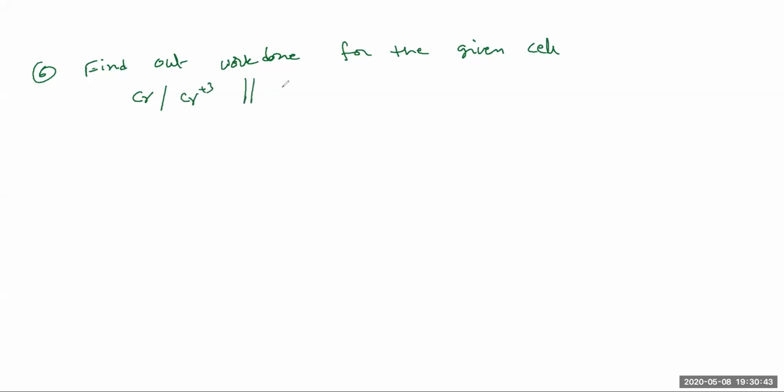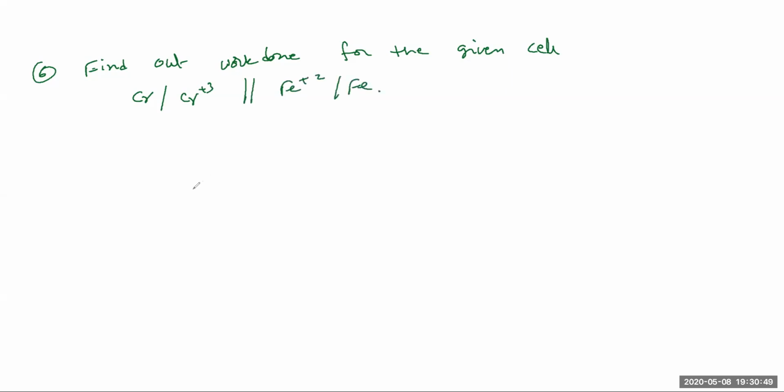Question. Write down. Find out work done for the given cell. Given cell, that is Cr slash Cr plus 3, Fe plus 2 to Fe.